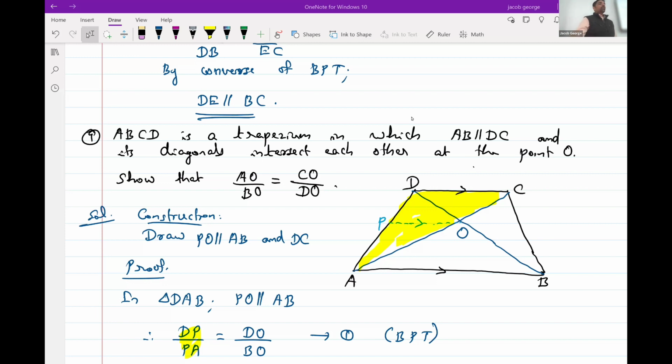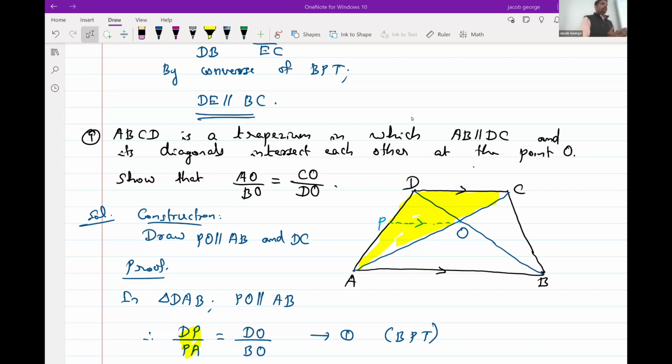Yes. So here, this is the diagram. ABCD is a trapezium. What do you mean by trapezium? One pair of opposite sides are parallel. Here, the parallel sides are AB and DC. The other pair are non-parallel.